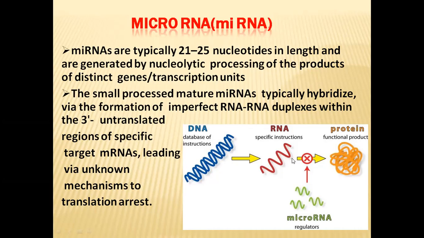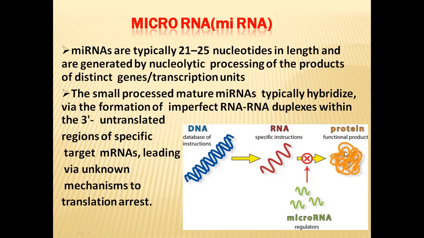In this protein synthesis process, the first step is transcription, and this is translation. This microRNA will interfere in the translation process. They act as regulators in this translation process, so that they destroy this mRNA and ensure that protein is not synthesized.